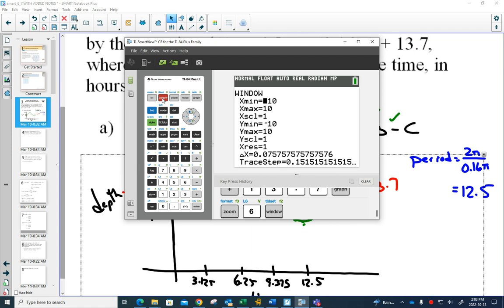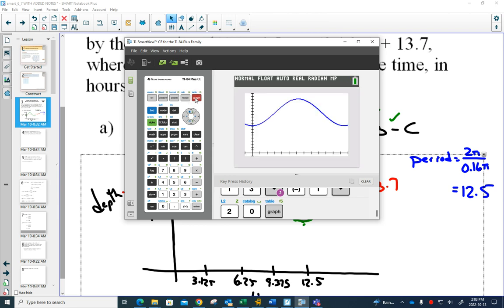Maybe I want to look at minus 1, because I just want to see this a little bit, up to 13. Just a little bit past that. Maybe for my minimum, I want to still see minus 1 so I can see the x-axis. But I want to go up to 20 now, just to see if I can see enough. When I push graph, does this look more like what we drew? Yes.